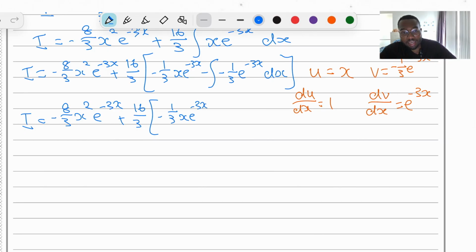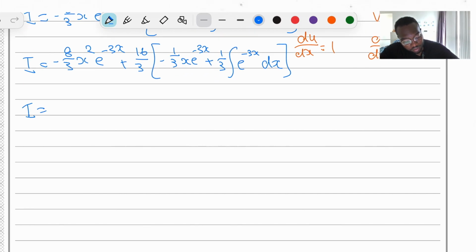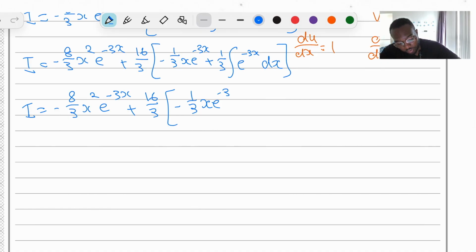And now we're going to take out that factor of the minus 1 over 3, so we get a plus 1 over 3 integral of e to the minus 3x dx. And now let's do this one more time. So we get I is equal to a minus 8 over 3 x squared e to the minus 3x plus the 16 over 3, and that is minus 1 over 3 x e to the minus 3x.